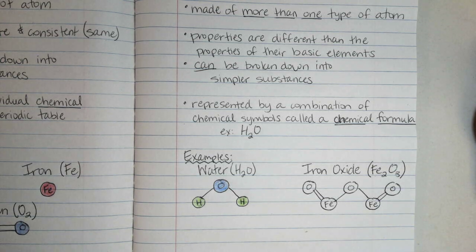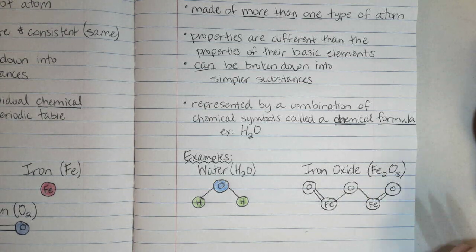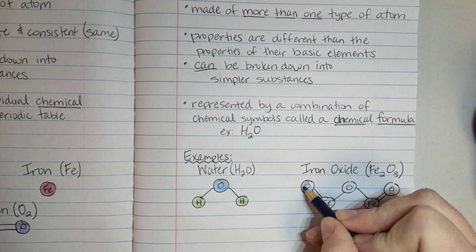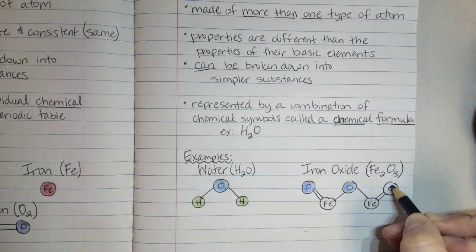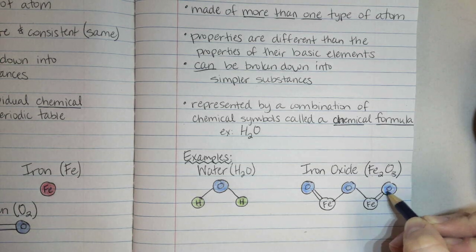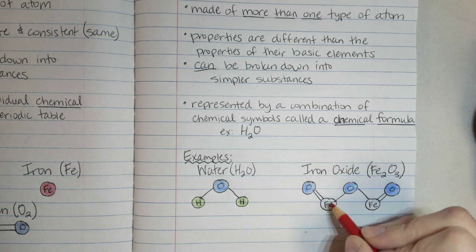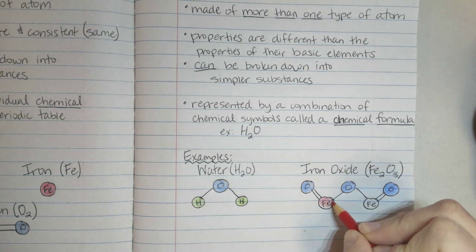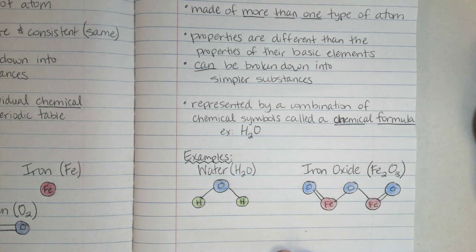In 8th grade, we'll talk a lot more about the different bonds, but just know that when they're connected by a line, that means that they are chemically bonded together, and if there's more than one type, like in this case, we call that a compound. Again, I'm going to color the oxygen atoms blue, and then I'll color the iron atoms red so that it matches what we did on page 2. You should have some space left over at the bottom. At the teacher station, you're going to draw more examples, so be sure that you're leaving that space blank.